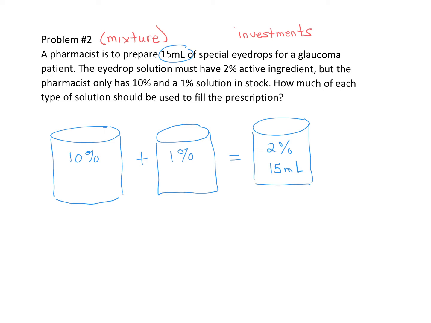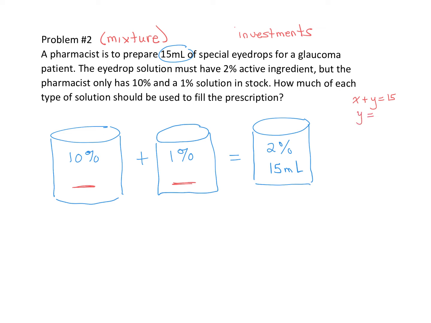So whatever this value is, however much we have of the 10% solution and the 1% solution, those two have to add. Let's think about that for a second. They have to add to 15.